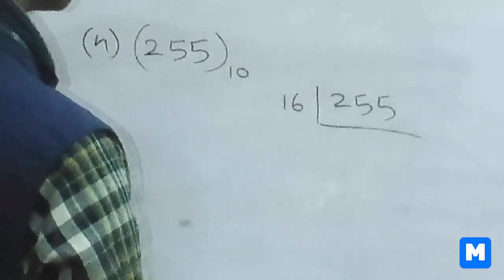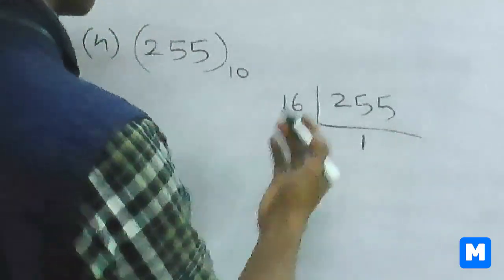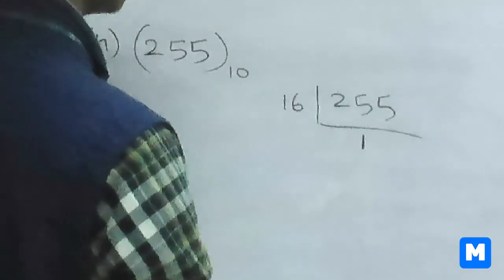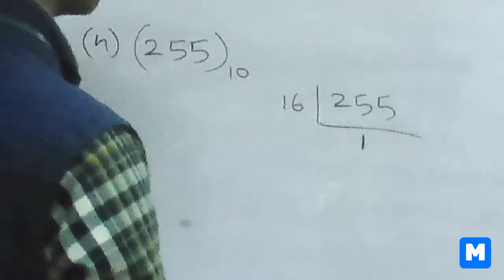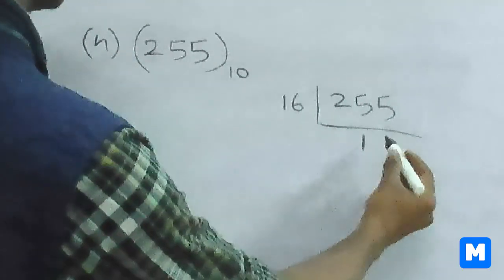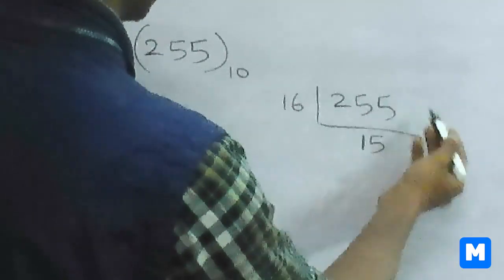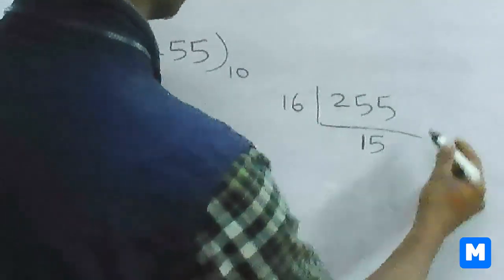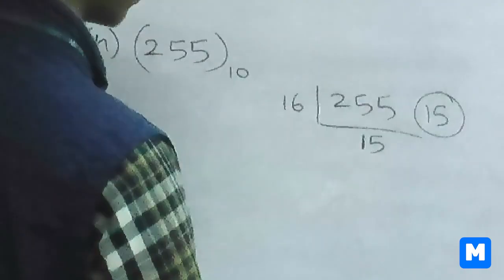In this case, 16 ones are 16, and the remaining is 95. The closest value to 95 is 16 fives, which are 80. So for 95, the remainder being 15, we write 15 as a remainder over here.